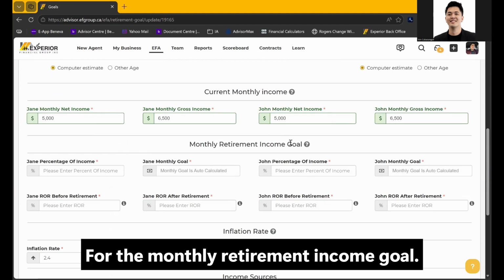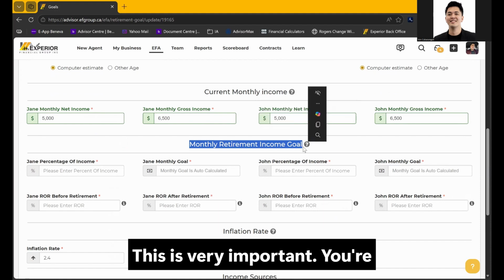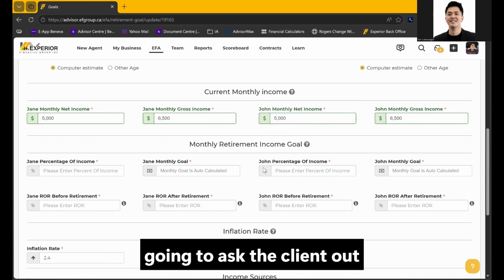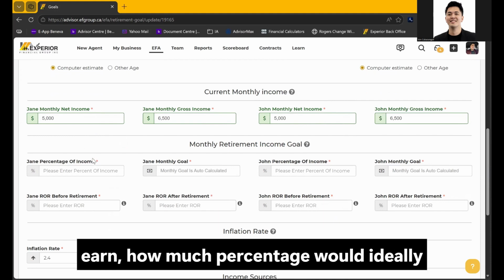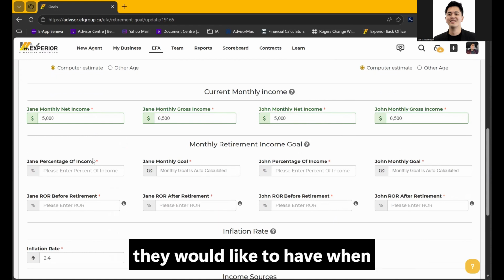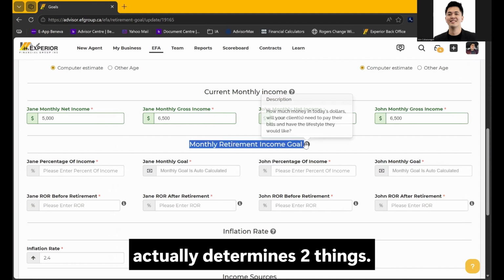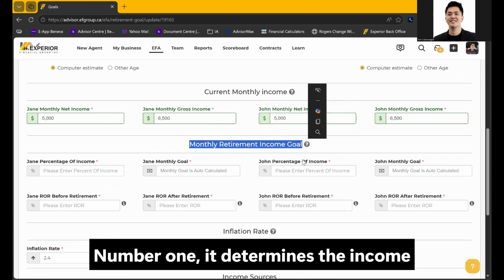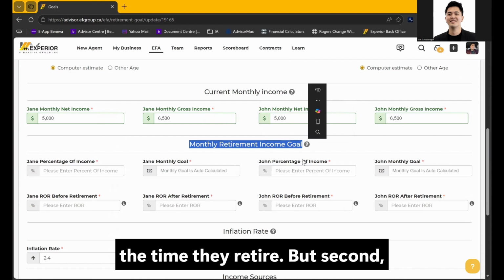For the monthly retirement income goal, this is very important. You're going to ask the client, out of the monthly income that they earn, what percentage would they ideally like to have when they retire? Because this portion actually determines two things. Number one, it determines the income that they want to achieve by the time they retire.